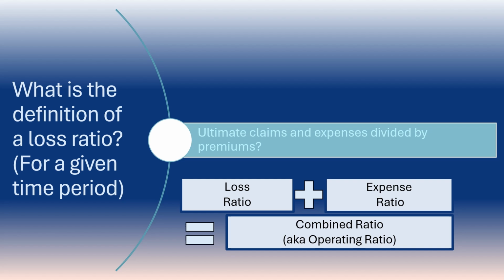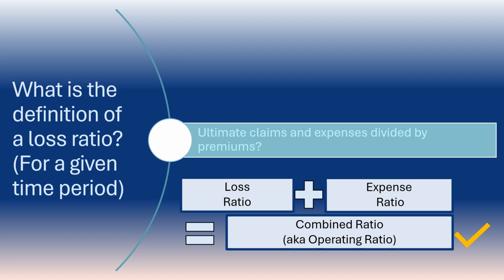So the combined ratio gives a truer picture of how much money is going out of the insurance company compared to how much has gone in. Much more of a measure of profitability than loss ratio alone, which misses a large chunk of the outgoings of an insurer. And now this is a standard term, and you should learn and know this one too. Just remember, it's not the loss ratio itself.